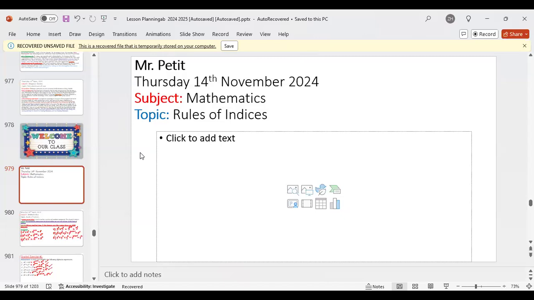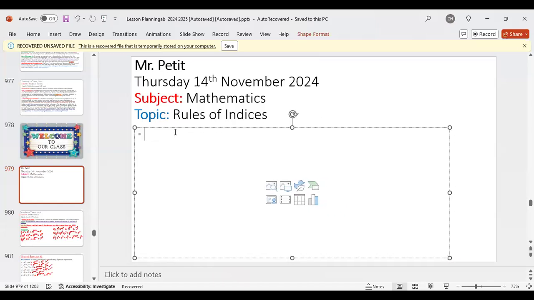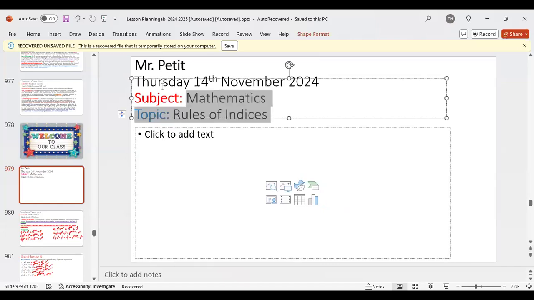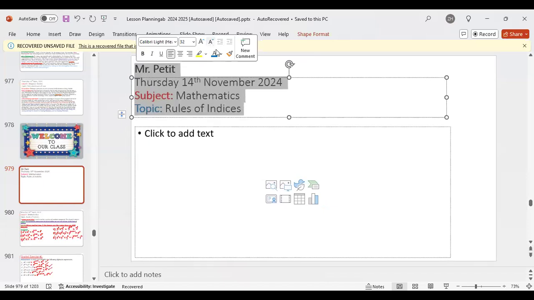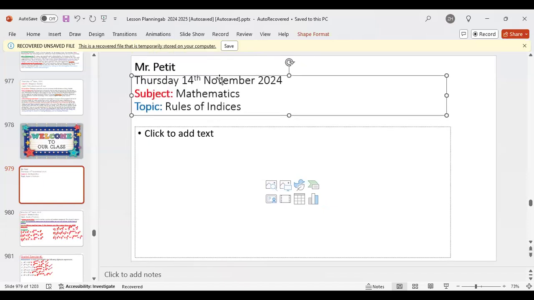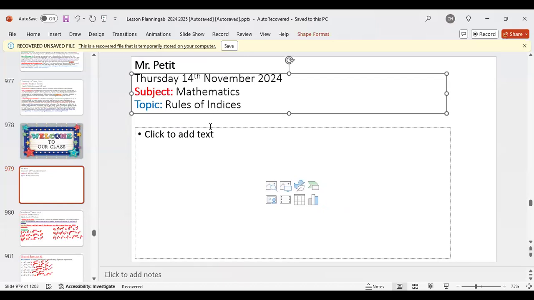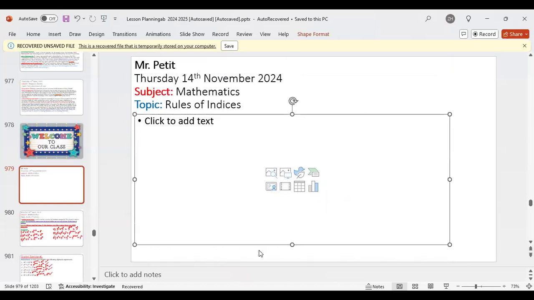So let's talk about what we mean by an index. By the way, is there anyone who did rules of indices before? Anyone have done exponents before?